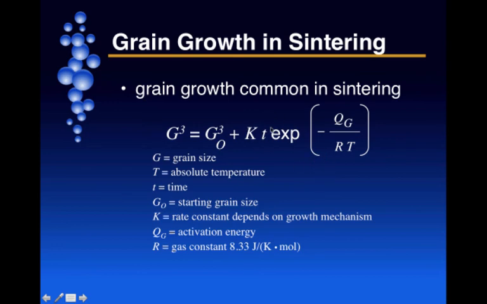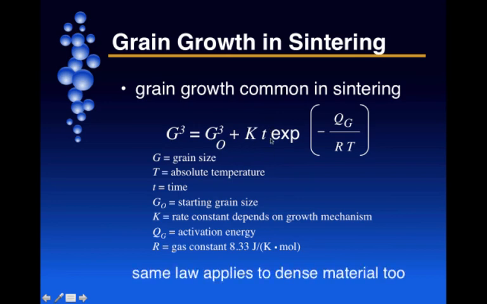And it's a strong function of T, the time. Okay. Of course, these kind of grain growth kinetics are applicable to dense materials too. But given that you have to apply time and temperature to sinter powders, these are competing requirements that come into place.